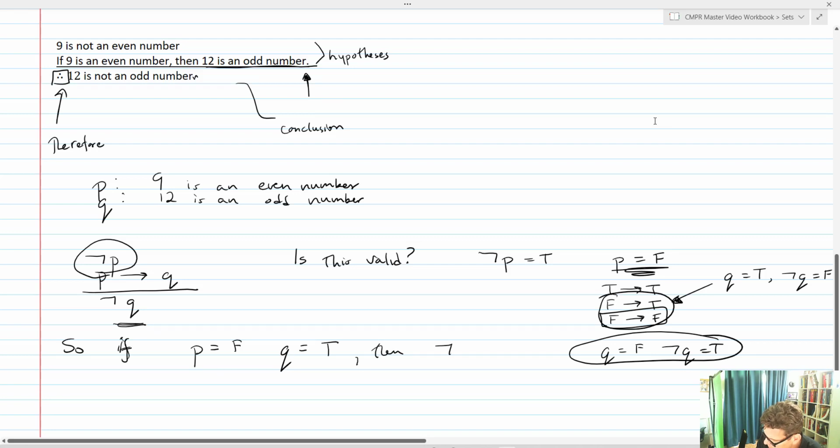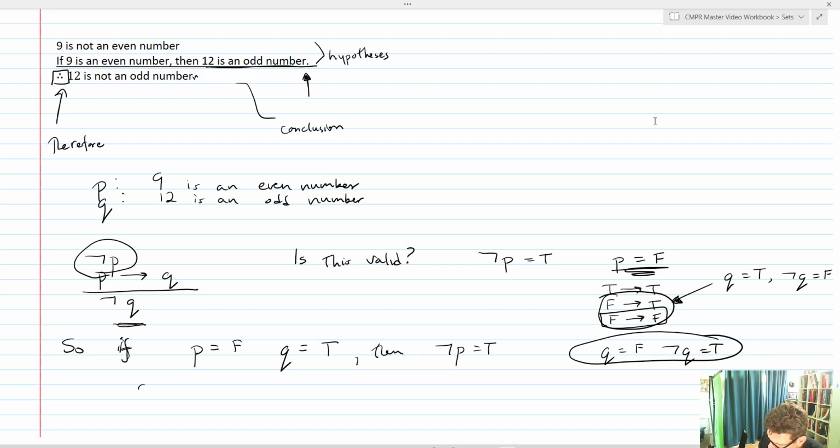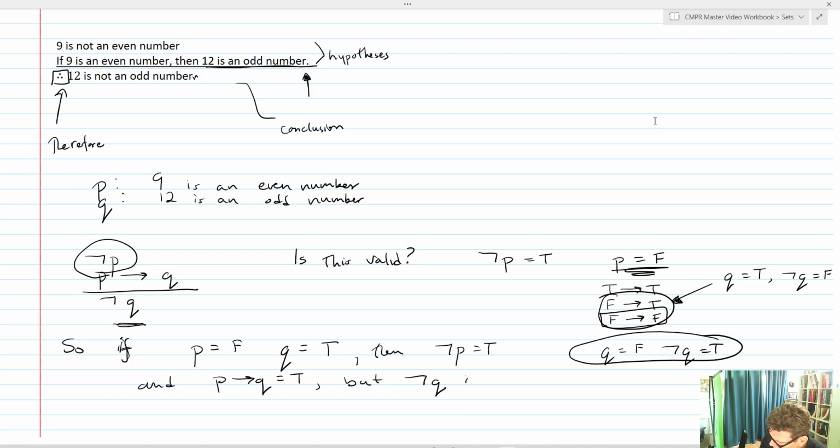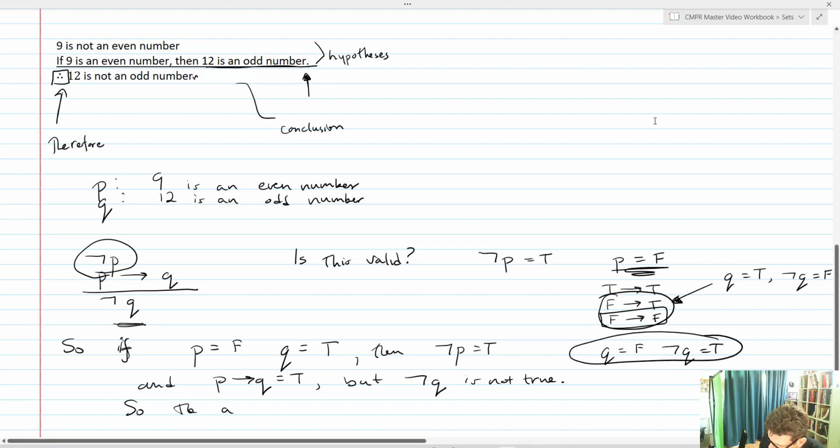We have not P equals true, and we have P implies Q equals true, but not Q is not true. In fact, it's false. So the argument is invalid. We have an invalid argument.